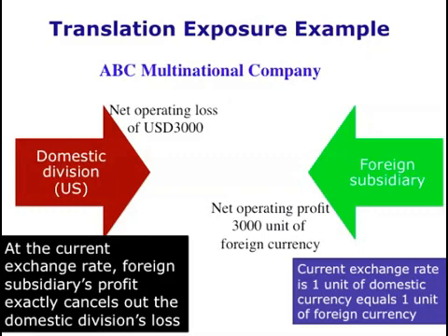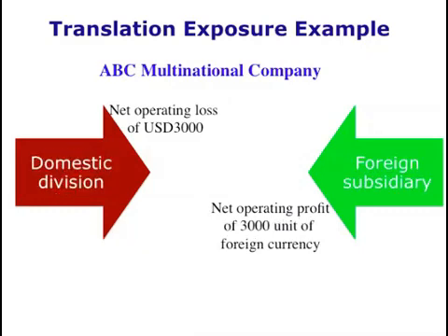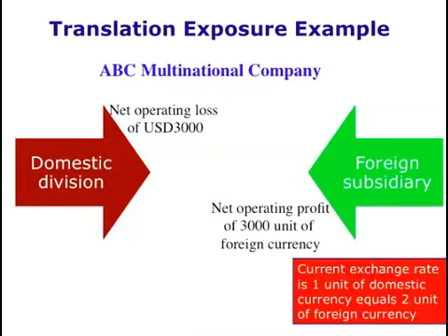So what if now the current exchange rate is not 1:1, but 1 unit of domestic equals 2 units of foreign currency? What does it mean? Because exchange rate is not fixed over time, what will happen? Do you think the profit still can cancel out the loss when we prepare a consolidated financial statement?